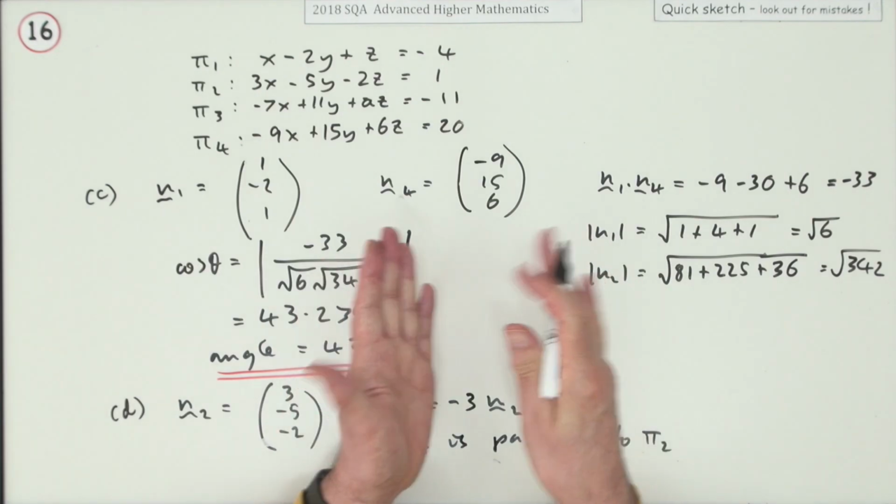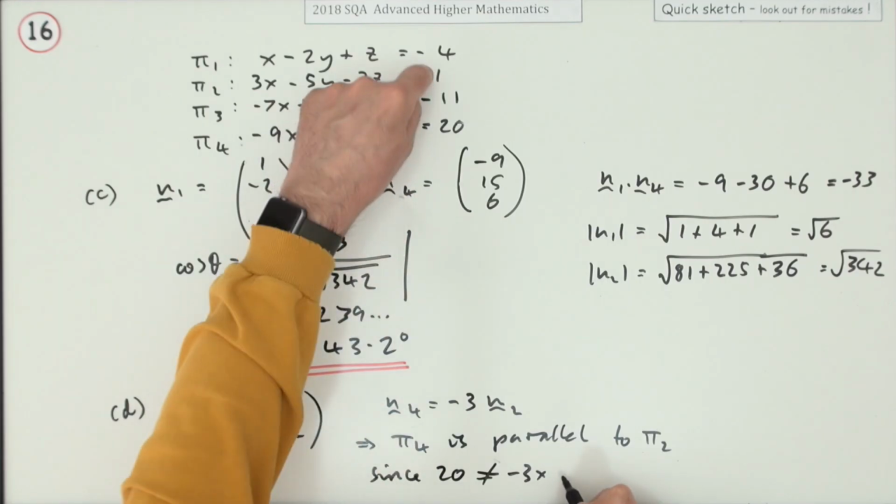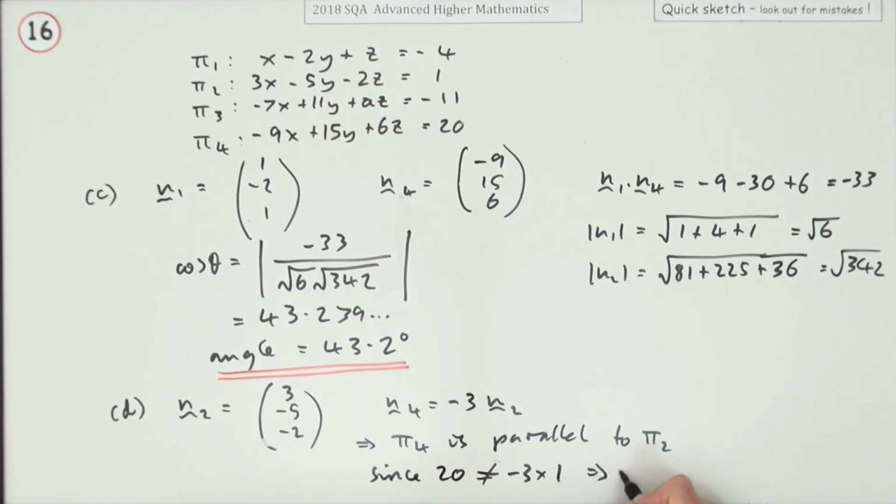But are they parallel or are they actually the same plane? You'll have to justify this part as well. Since 20 is not equal to negative 3 times 1, that means that pi 4 and pi 2 are separate.